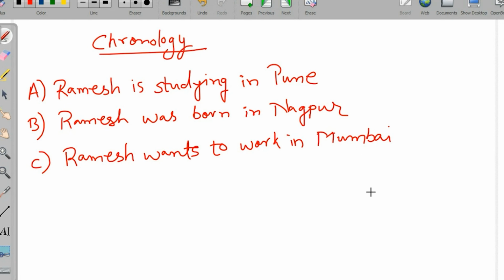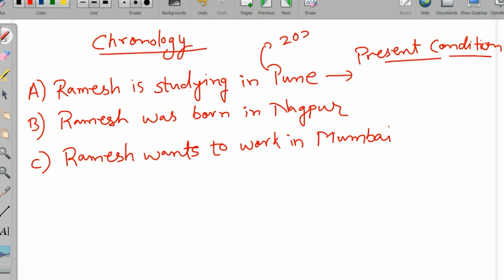Okay. Now you can see that statement A is talking about the present condition. Ramesh is studying in Pune, that means he's currently studying in Pune. So this is the present condition. We can say that this is in 2023. Ramesh was born in Nagpur.